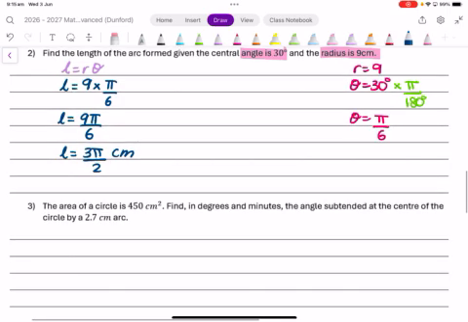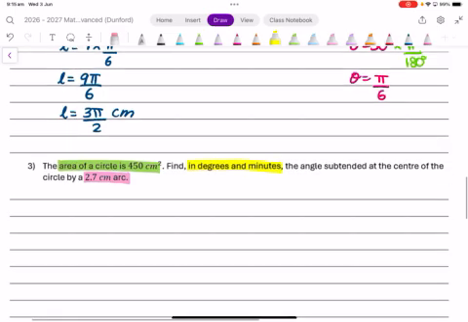Okay, the next example we have is that we've been told that the area of a circle is 450 centimetres squared. We want to find in degrees and minutes the angle subtended at the centre of the circle by an arc of 2.7 centimetres. Key thing here is we're going to be converting into degrees and minutes from our radian answer.